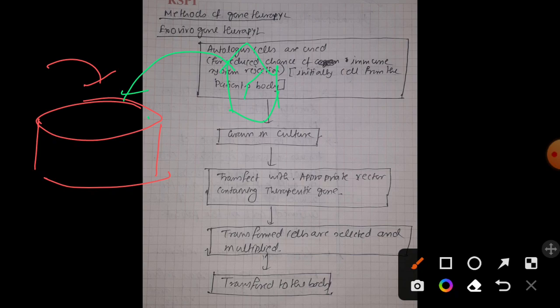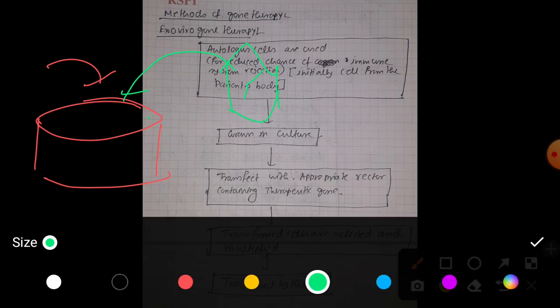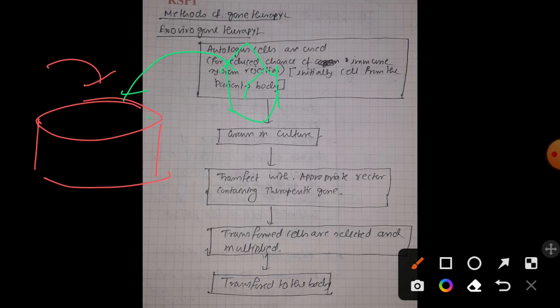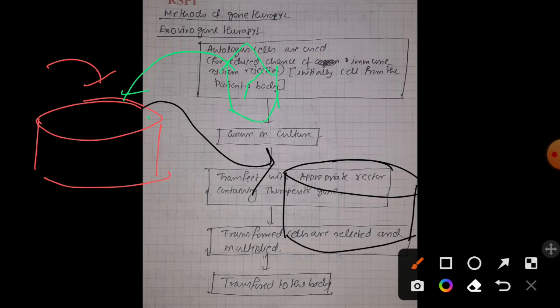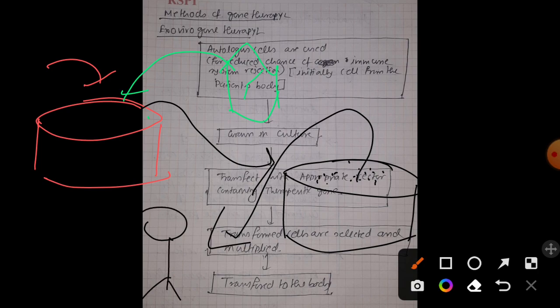Let's say you have constructed your gene in such a way that it contains some antibiotic resistance genes, so that you can select them. So you have selected them and multiplied them in another petri plate. Now you transfer them into my body. That is the overall concept of ex vivo gene therapy.